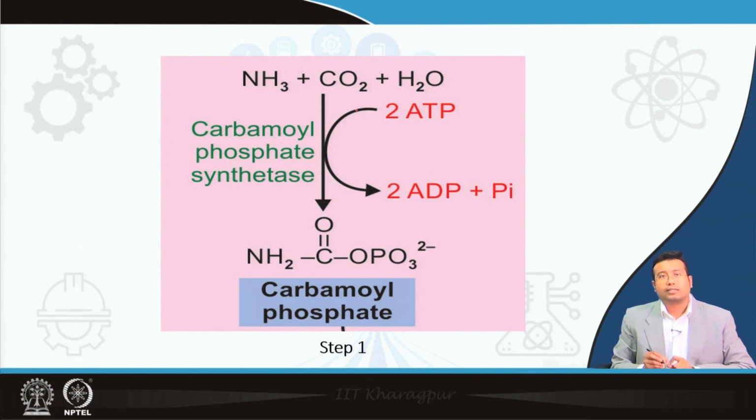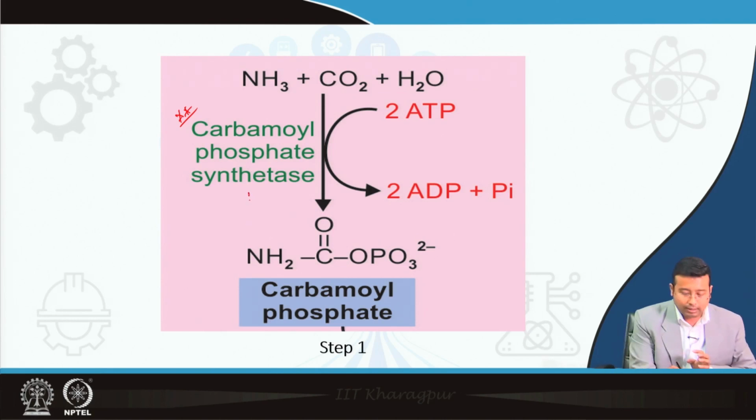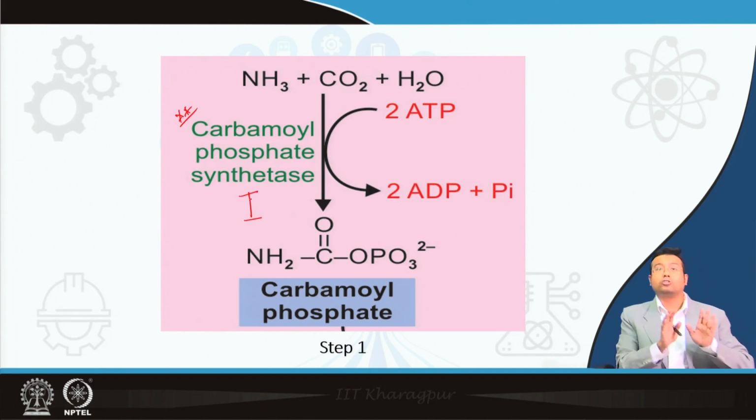Prerequisite of urea cycle is formation of carbamoyl phosphate. This carbamoyl phosphate is one of the compounds that takes part in the urea cycle, but formation of carbamoyl phosphate is not a part of the cyclical reaction, but nevertheless it is extremely important, and this enzyme is the rate limiting or regulating enzyme. Okay. Carbamoyl phosphate synthetase 1. We will also be discussing the difference between carbamoyl phosphate synthetase 1 and 2 later.